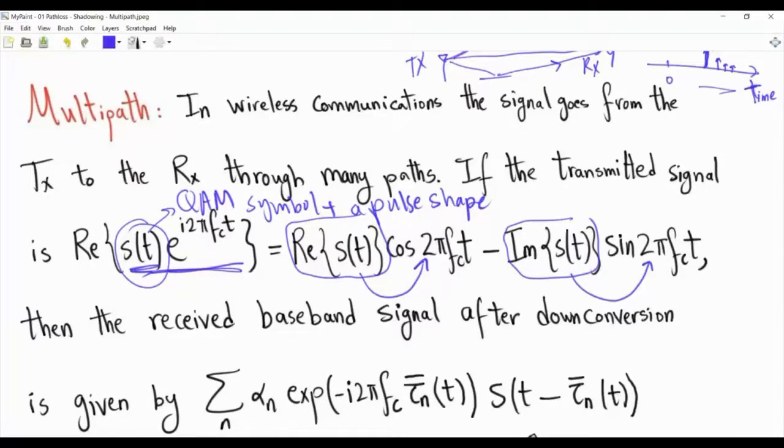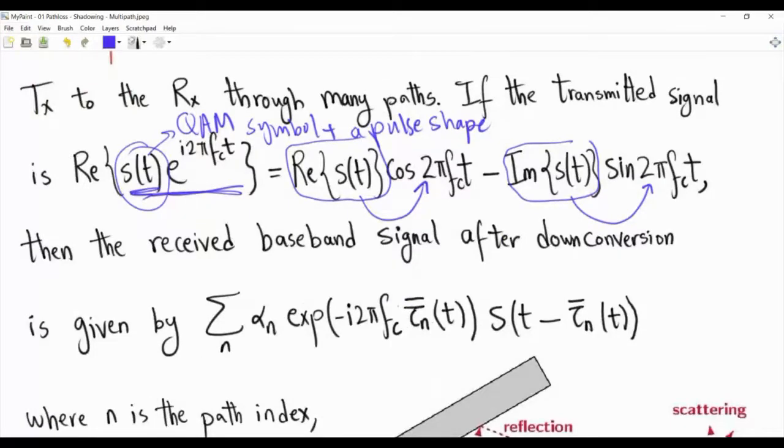Now you receive the signal, and when you receive the signal, you get the signal through a number of paths. So I will write down the received signal as a summation. This summation is because we don't just receive one copy. We can receive the signal along the line of sight, and then it can come from several other paths. So we have a summation, and each received signal will be multiplied by a complex amplitude.